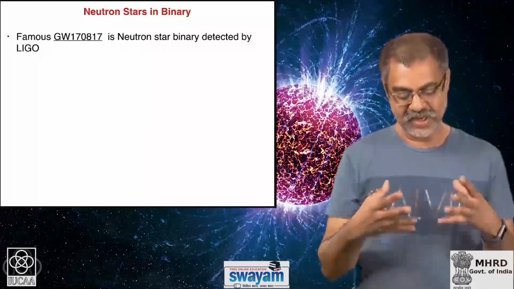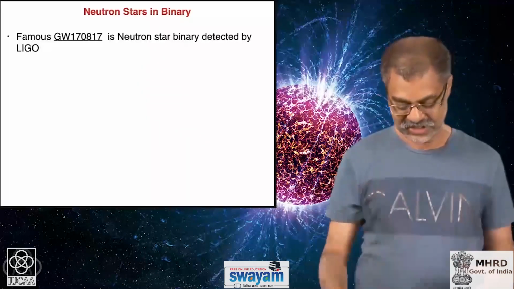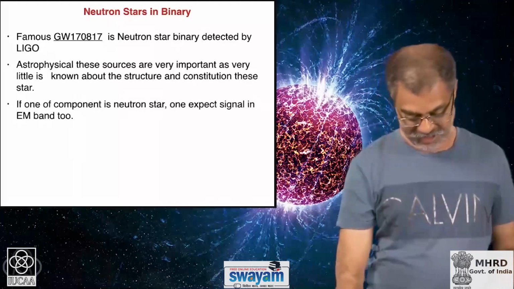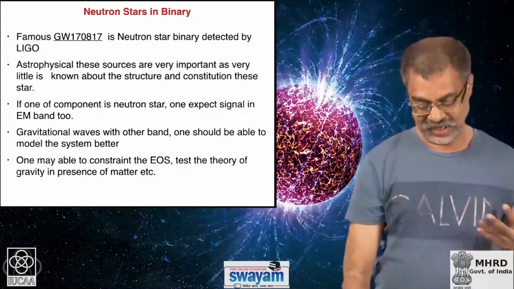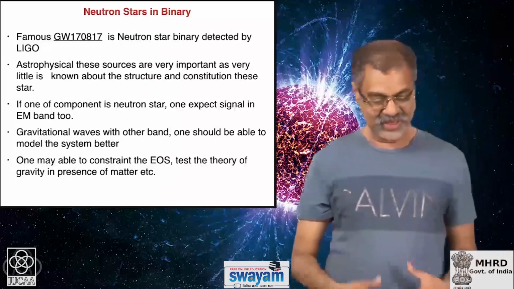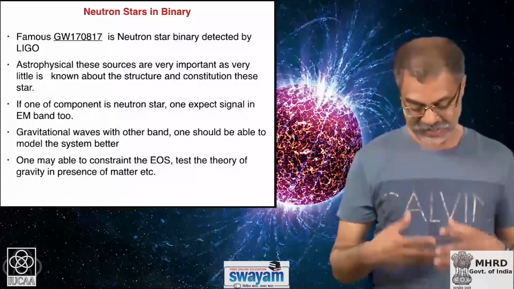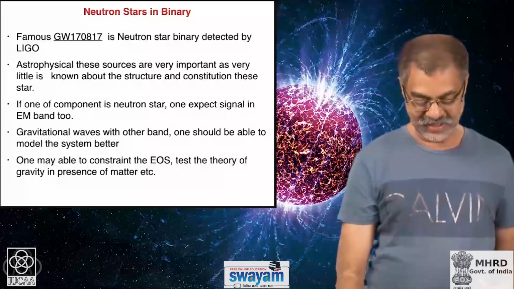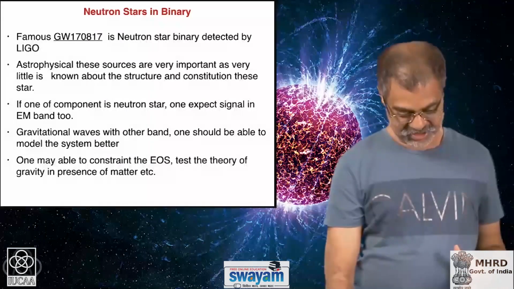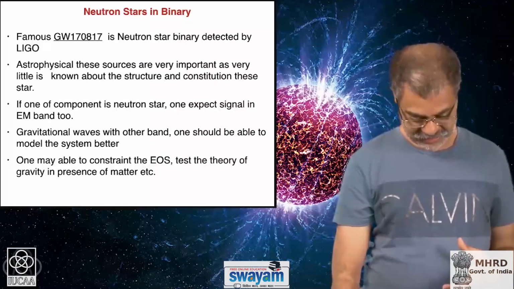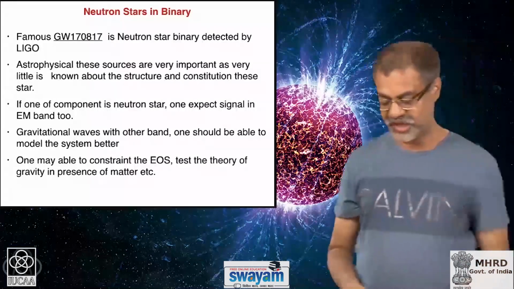Combining all the data forms multi-messenger astronomy and constrains the full model of the system. So, that is going to be the exciting future of gravitational wave astronomy, supplementing the entire band of electromagnetic waves and forming a model which can constrain neutron stars and neutron star systems.